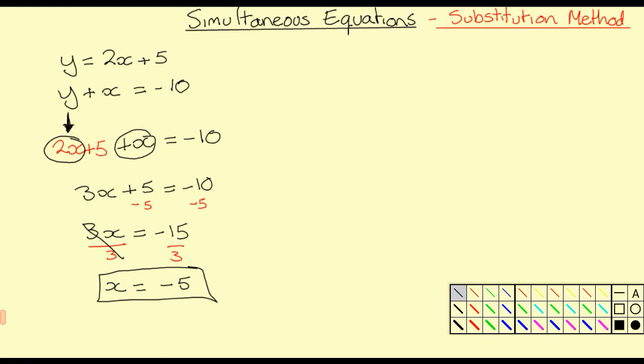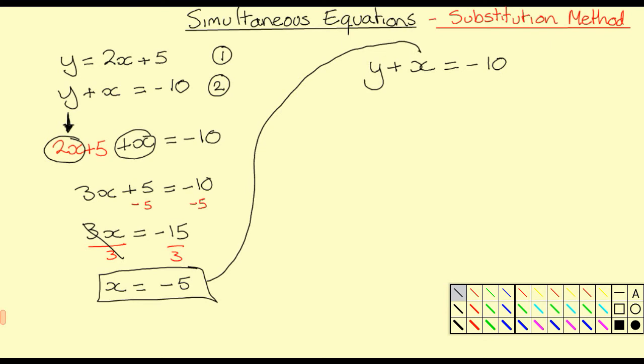Now I can use that to find out what y is, and I do that by going back to my original equations. So I'll just label them 1 and 2 here. So I'm going to go back to equation 2. So I'm going to rewrite that out. And this time, because I know what x is, I'm going to put minus 5 in its place because I've worked out what it is. We've worked out that x is equal to minus 5.